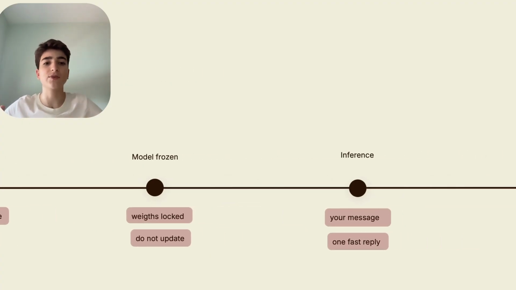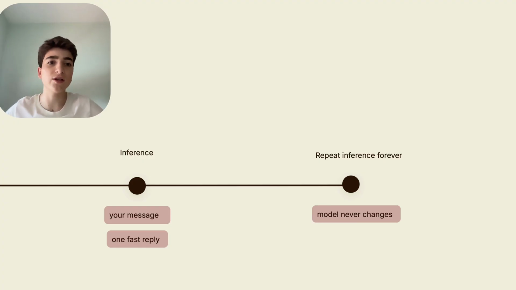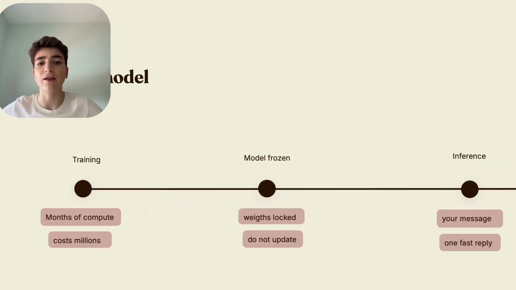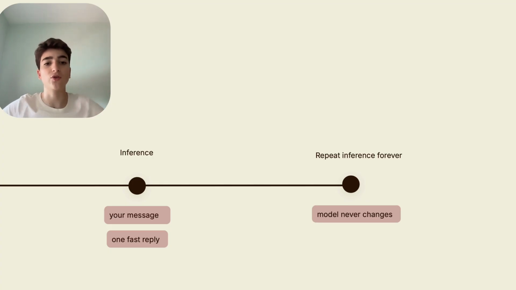And then it becomes the inference. That's when you can send messages and it replies. The inference is when they release the large language model, like when they released Fable 5, for example, and you can use it. But before that it went through the training, and then they froze it, and then the inference so that you can use it.